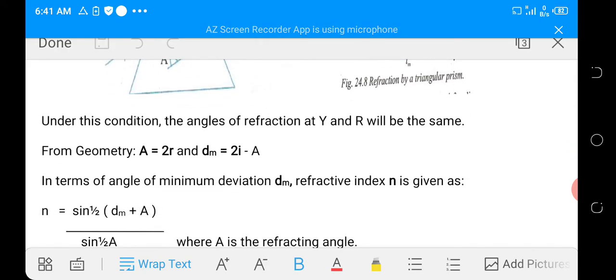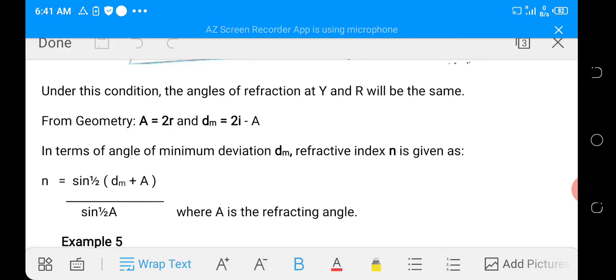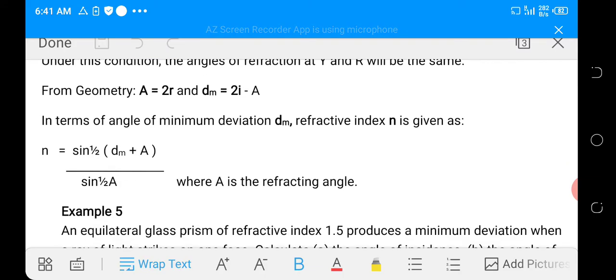In terms of angle of minimum deviation, Dm, refractive index n is given as n is equal to sine half of Dm plus A over sine half A, where Dm is the angle of minimum deviation, A is the refracting angle, and n is the refractive index.